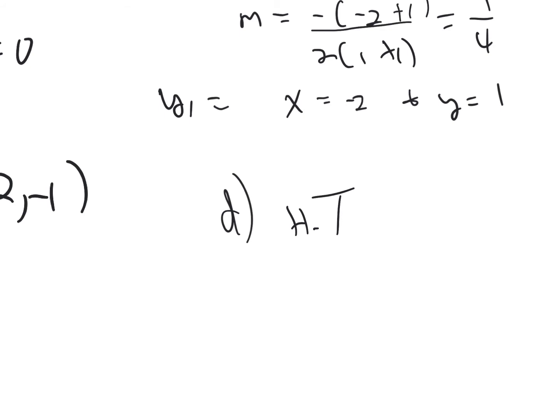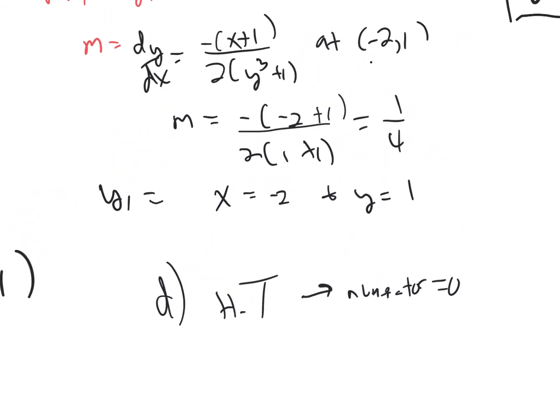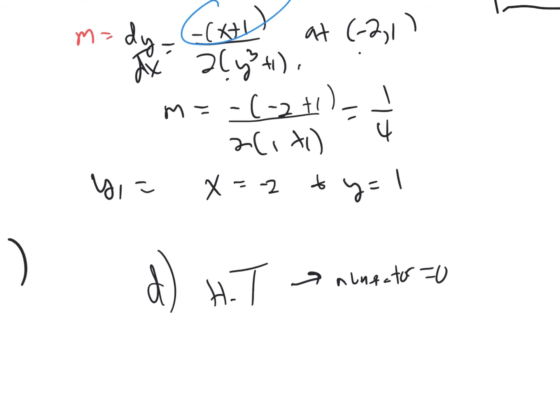It means that the numerator of my derivative is equal to 0. And what was my derivative? My derivative was, I got it written right here, negative x plus 1 over the denominator. All I need is this part right here. So I'm going to say negative times x plus 1 is equal to 0.